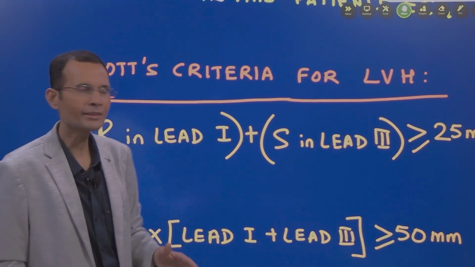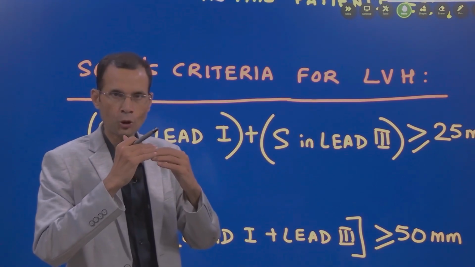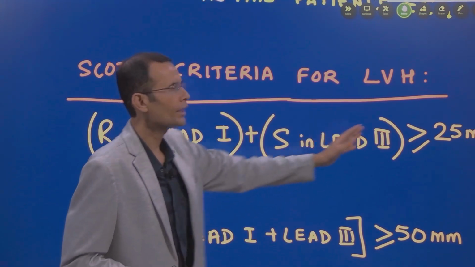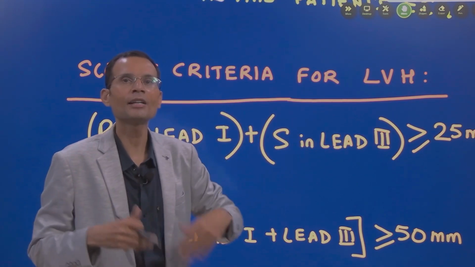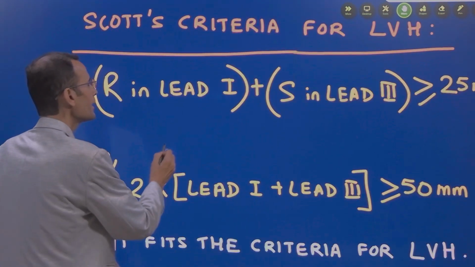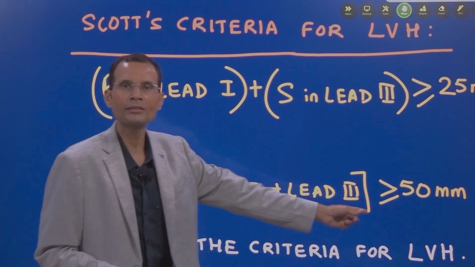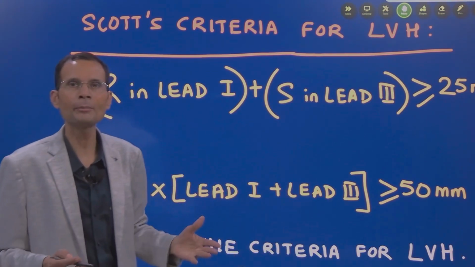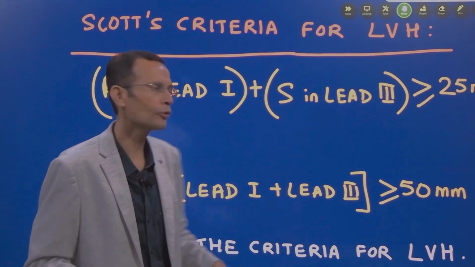Is it difficult to understand? If lead 1 plus lead 3, their potentials or amplitudes, if you add, if it is 25 millimeters or more than 25, then it is left ventricular hypertrophy. Then in that case, 2 into lead 1 plus lead 3, 25 into 2, 50 millimeters or more than 50 millimeters, it will be left ventricular hypertrophy.